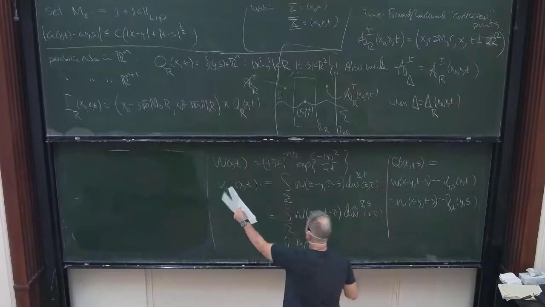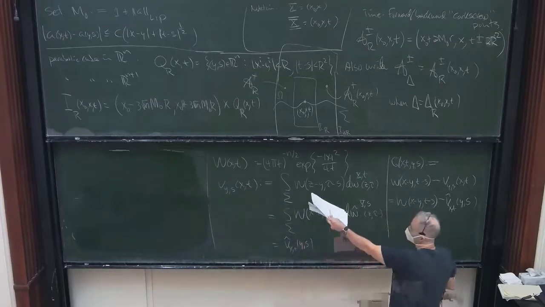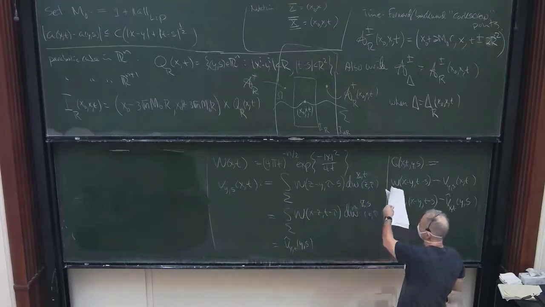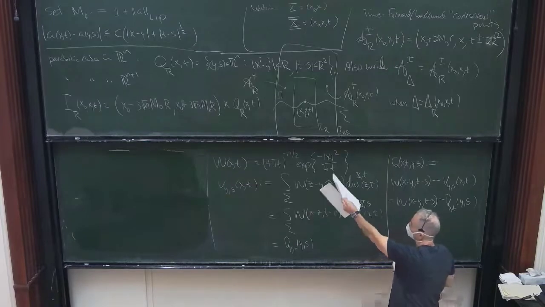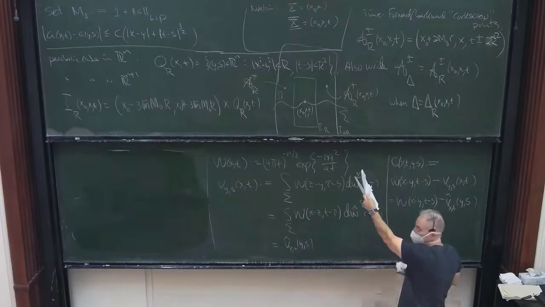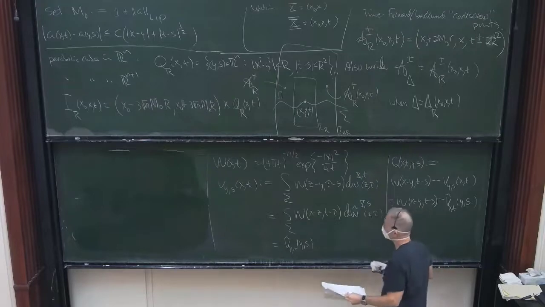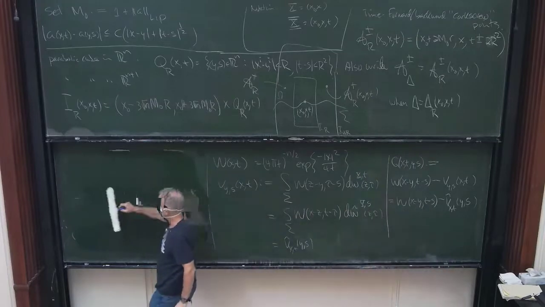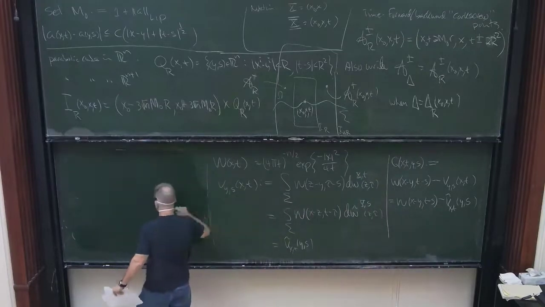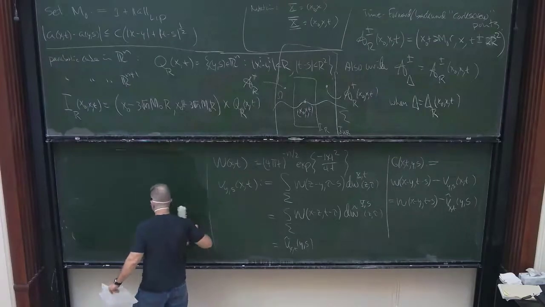Sorry, delta R is the surface cube. Delta R is IR intersected with sigma. I should have written it. Let me finish with this.